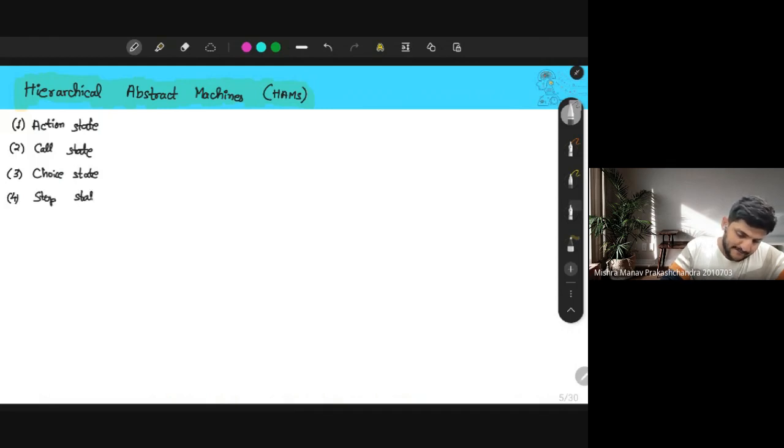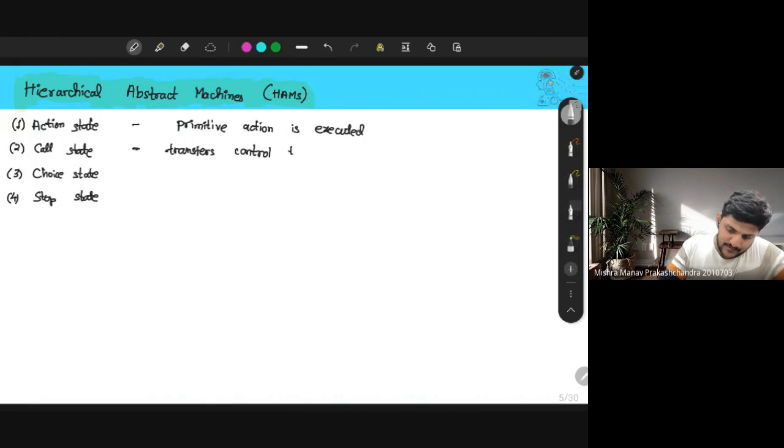In the action state, if the action state is invoked, a primitive action is taken. Any primitive action is executed. The call state transfers control to the next machine.